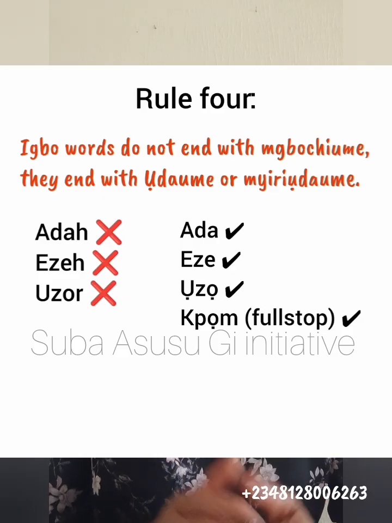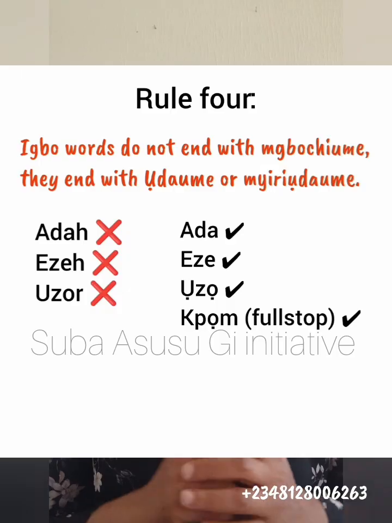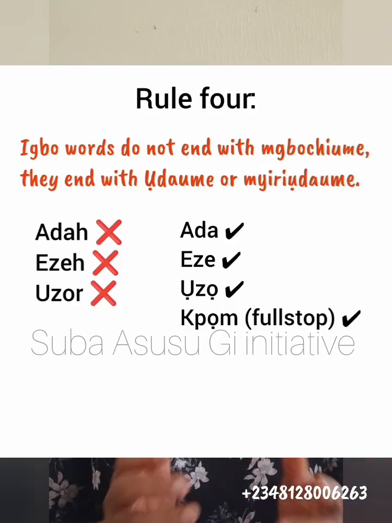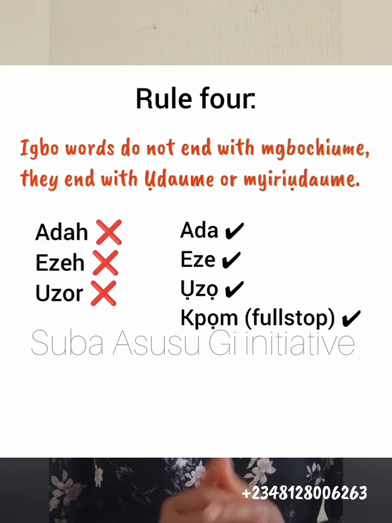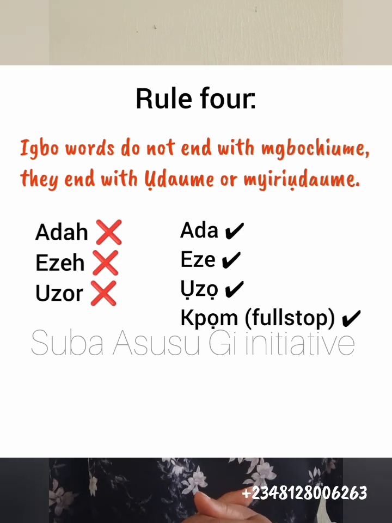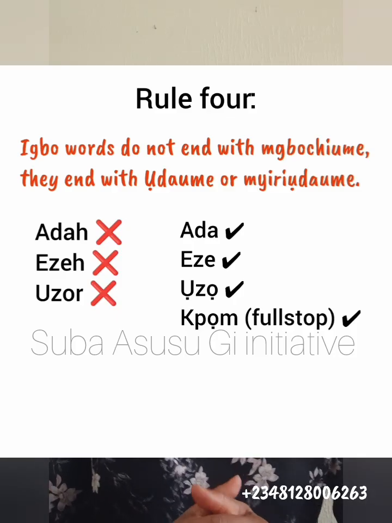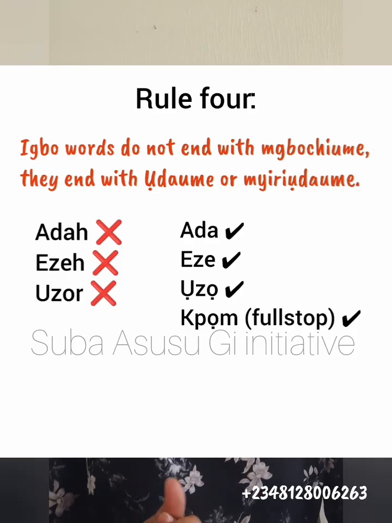So in English, you can have words ending with consonants, like we used drum initially. Like we used school initially. So you have L in school, ending school. But in Igbo, our words do not end with consonants. They end with udaume vowels or miriudaume pseudo vowels.